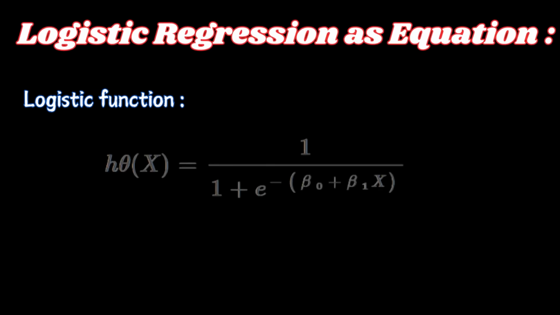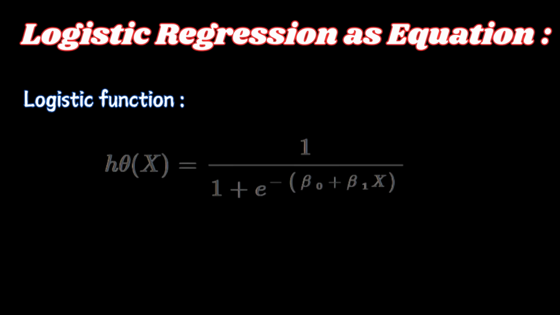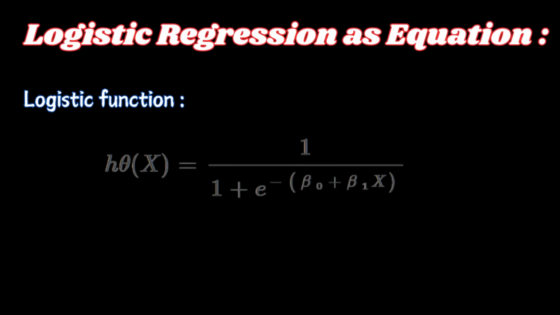f(x), that is the logistic function, equals 1 divided by 1 plus exponential of minus (beta 1 x plus beta 0). This is the function that produces the S-shaped curve. Here e is Euler's number, which is a special constant.